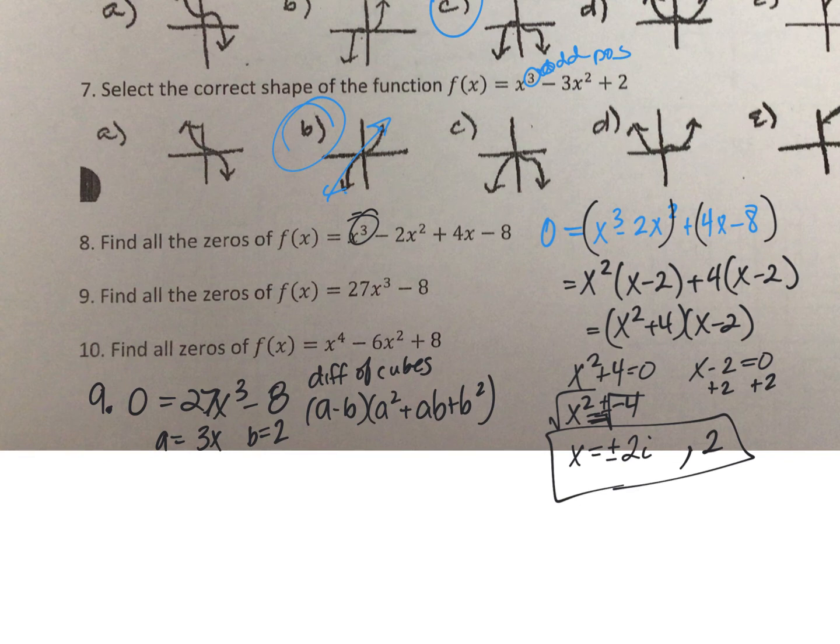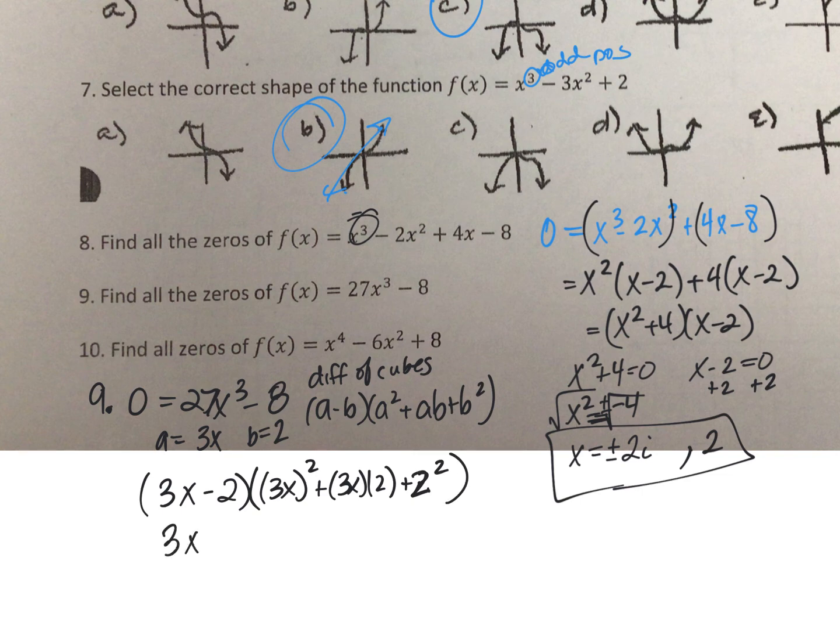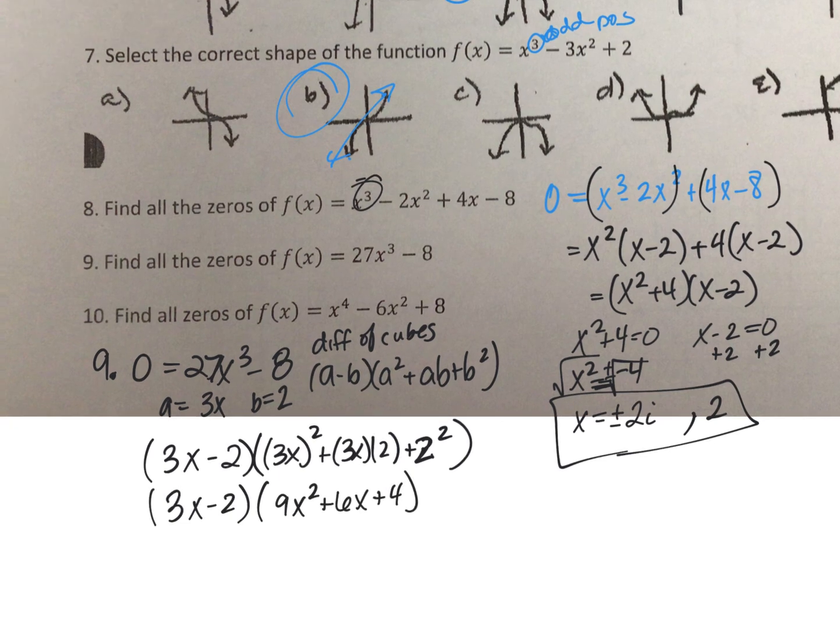So it's 3x minus 2, times 3x squared plus 3x times 2 plus 2 squared. So that's 3x minus 2, times 9x squared plus 6x plus 4.